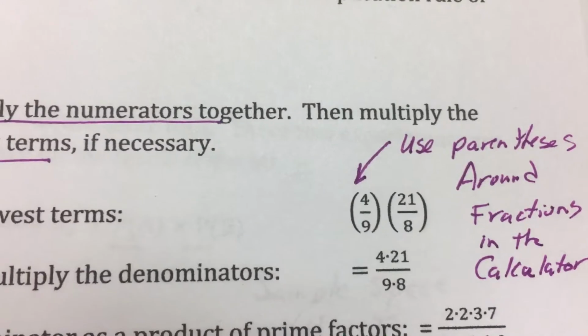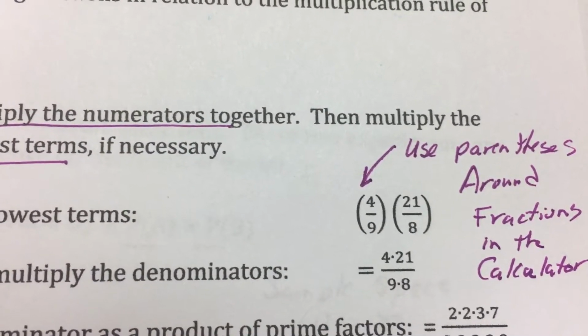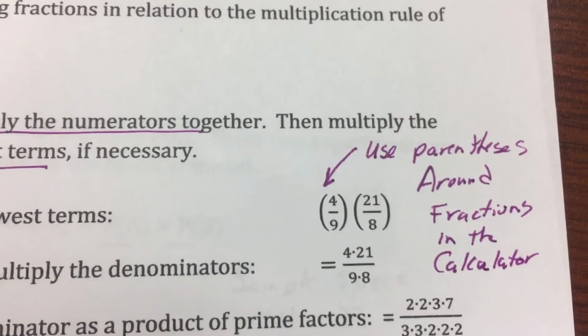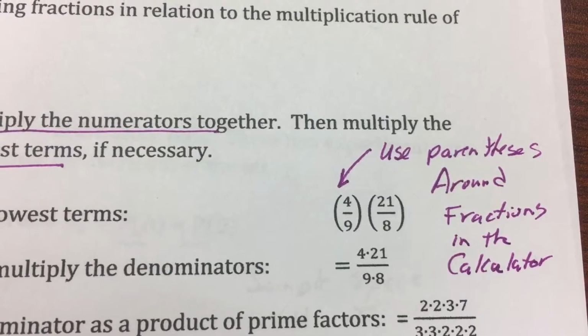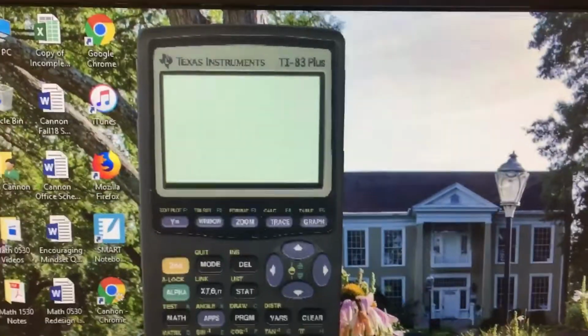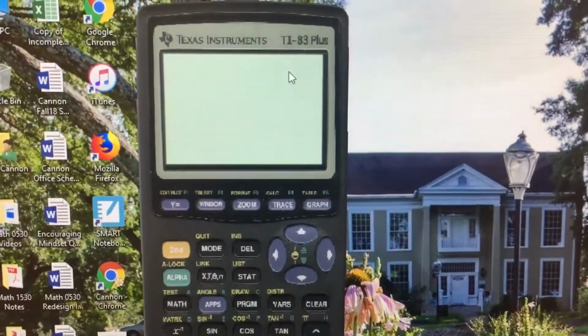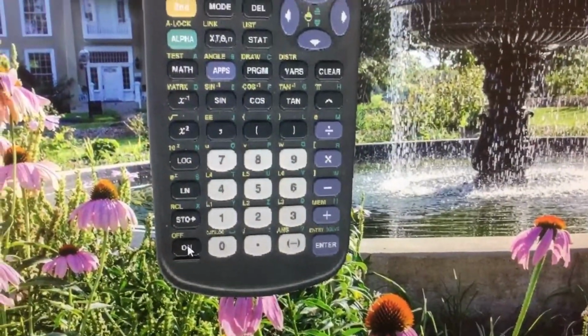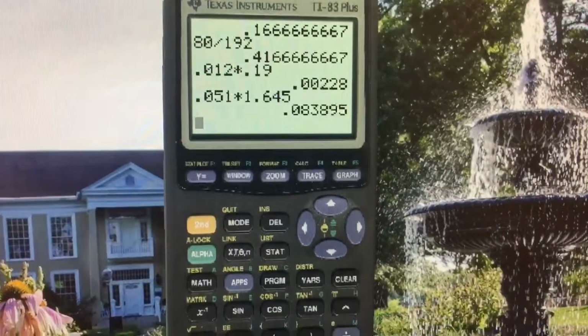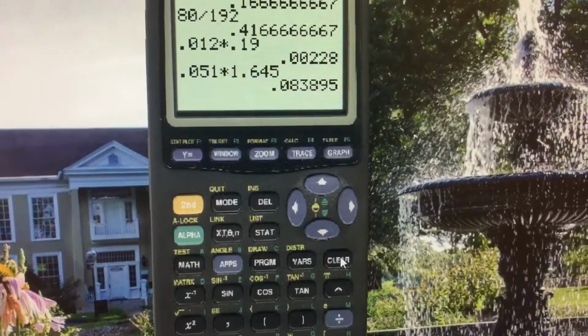So if I'm wanting to take the problem 4 over 9 times 21 over 8, make sure you place parentheses around the fraction in the calculator. So let me go back to the calculator and move this over just a little. Move my calculator over. I'm going to turn the calculator on. I'm going to clear the screen by pushing the clear button.